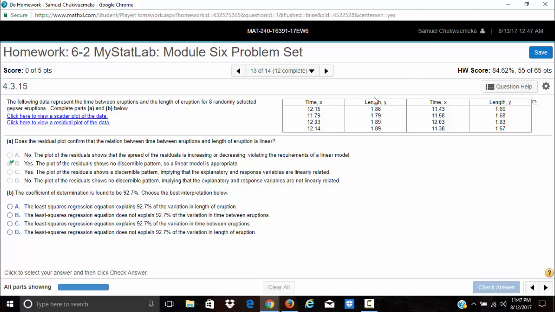Remember, it's the variation in length of eruption, not variation in time.